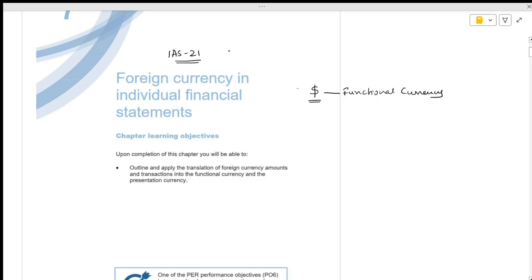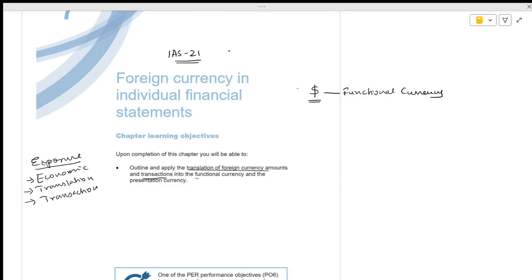What we are going to cover in this is to outline and apply the translation of foreign currency amounts and transactions into the functional currency. When we talk about exposure, the exposure consists of three things: economic exposure, translation exposure, and transaction exposure.